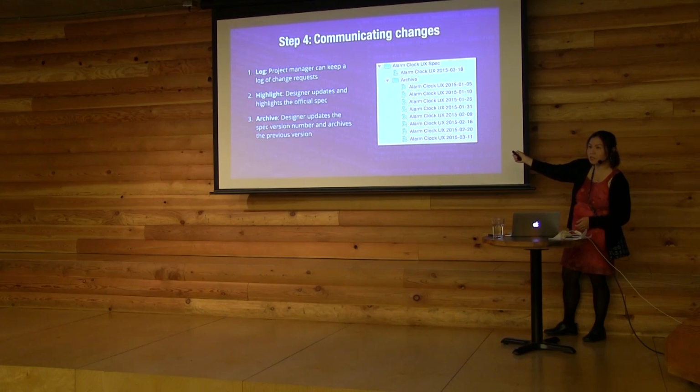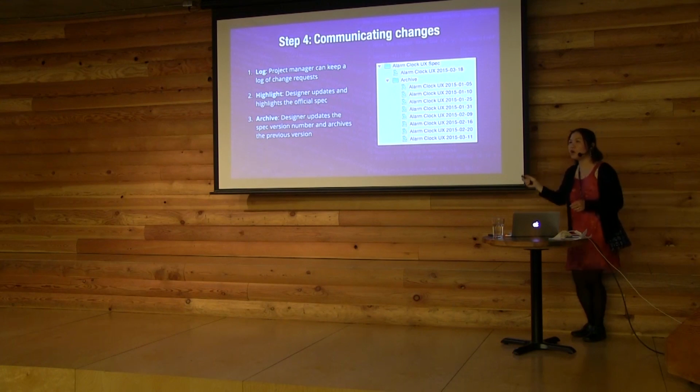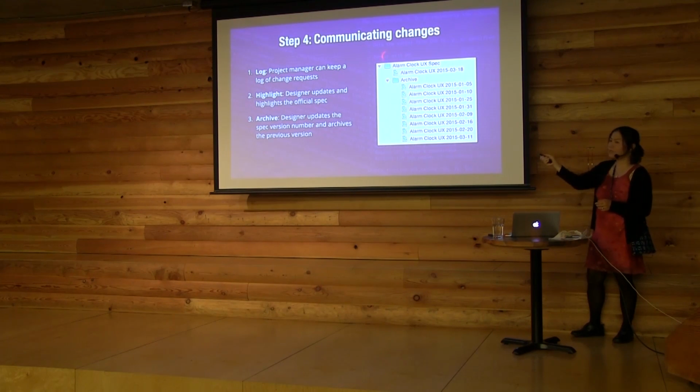I'm going to keep my red circles and my highlighting in here so people can see what's changed. So the official spec is always going to be in the same location. You go to this particular folder or this place in the CMS, and you're always going to find the latest and greatest, and it's always going to tell you what the recent changes are. Is that clear?